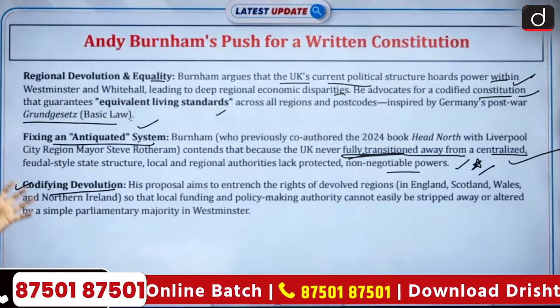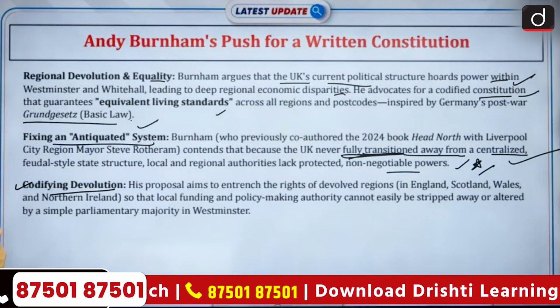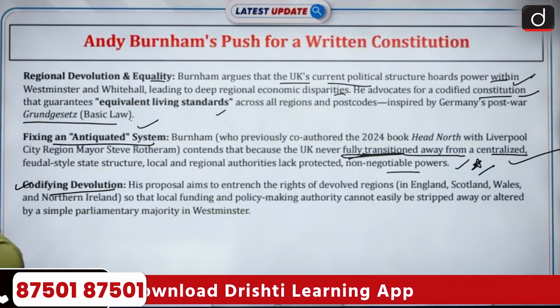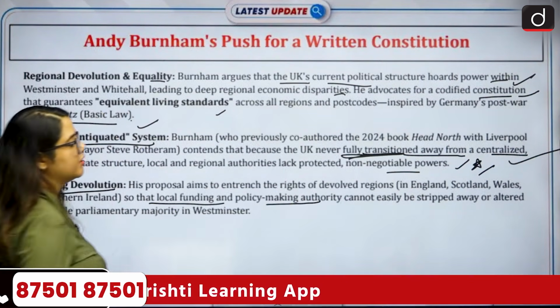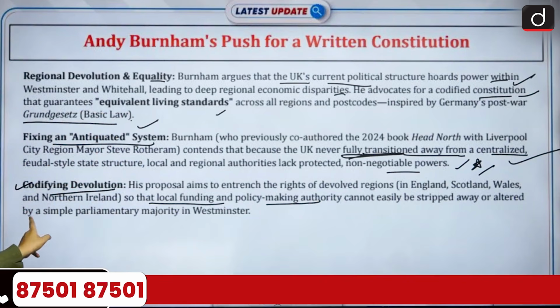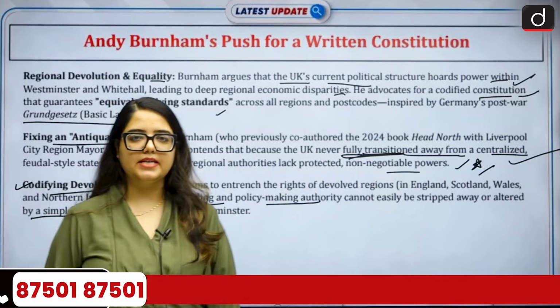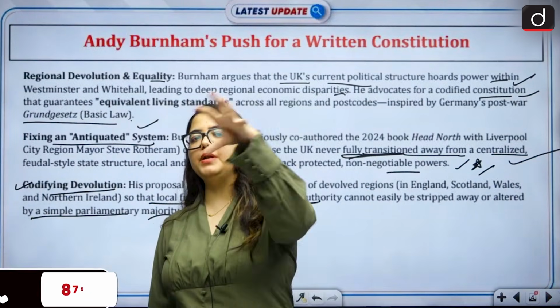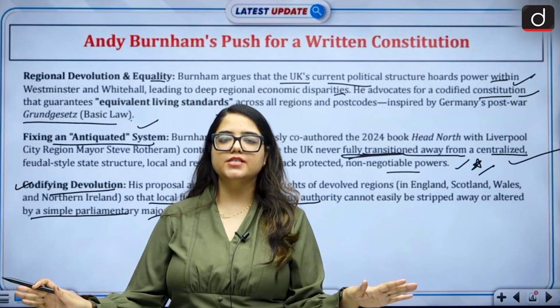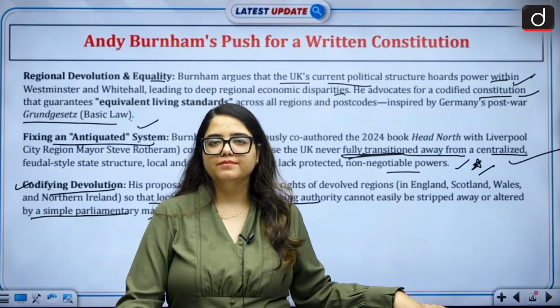Thirdly, he is talking about codifying devolution. His proposal is to entrench the rights of devolved regions like England, Scotland, Wales and Northern Ireland. Why? So that local funding and policy-making authority cannot be easily stripped away or altered by a simple parliamentary majority in Westminster. Whenever they give the power, a new simple majority comes in Westminster, they modify it, everything changes again, and all the powers are stripped away.